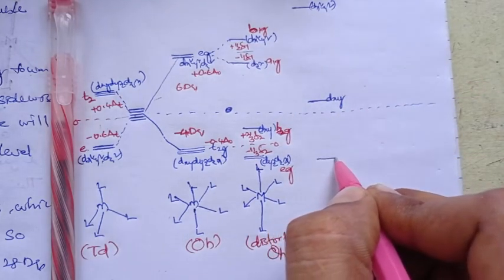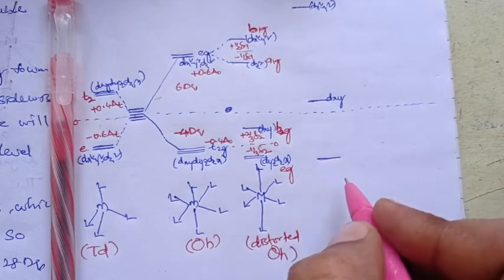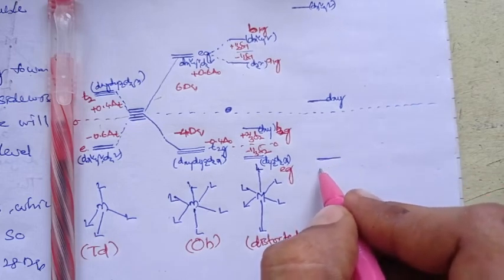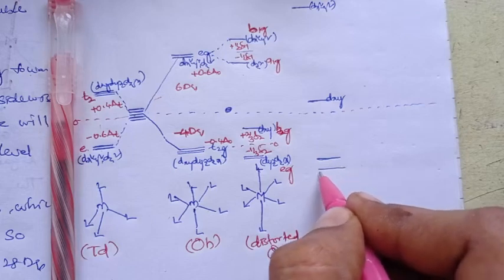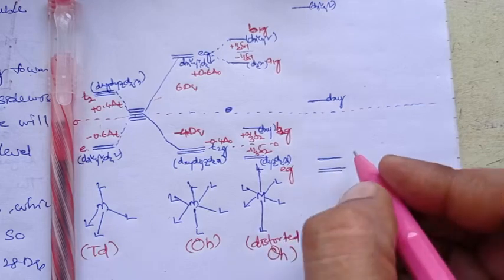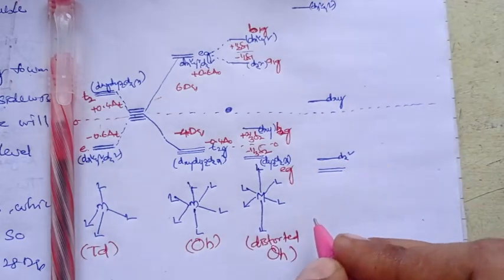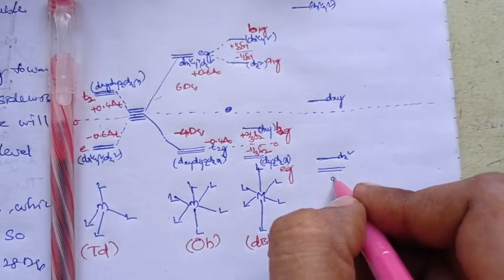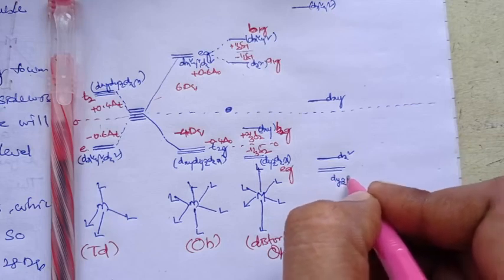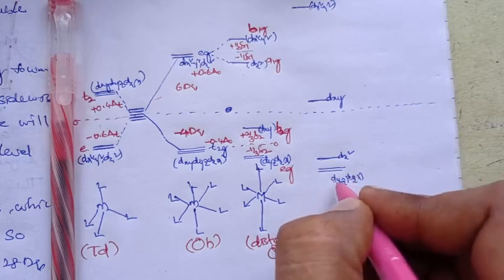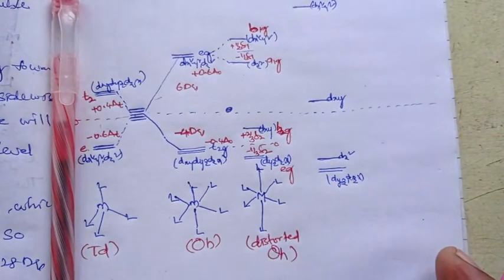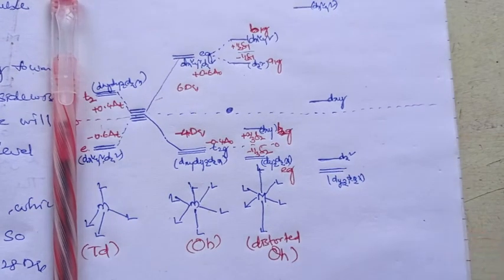The lower energy states are two: one single energy state and one doubly degenerate state. The single state is generated by the dz square orbital, and the doubly degenerate state by dyz and dzx.